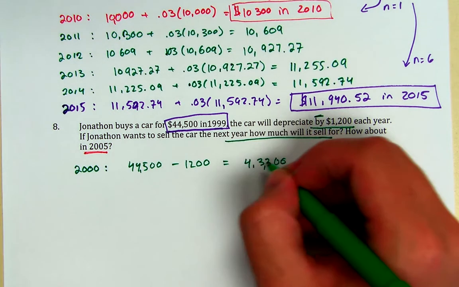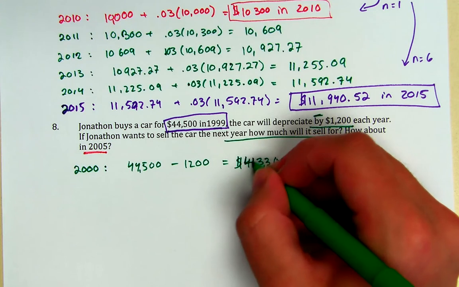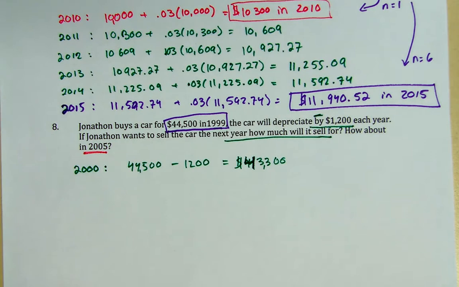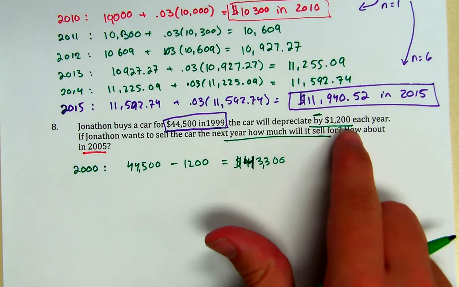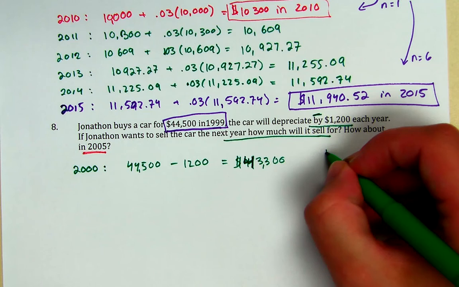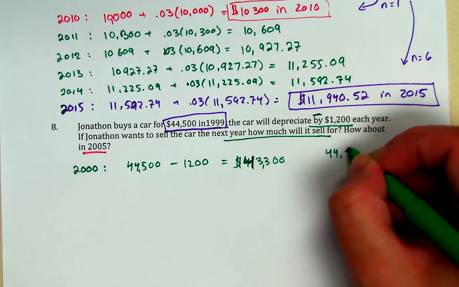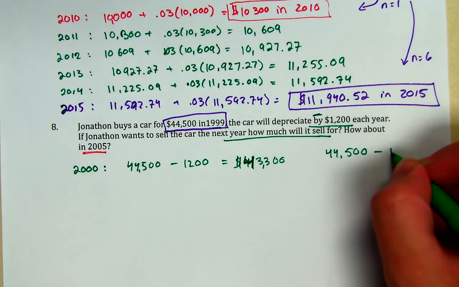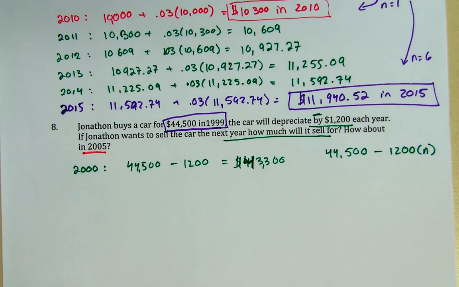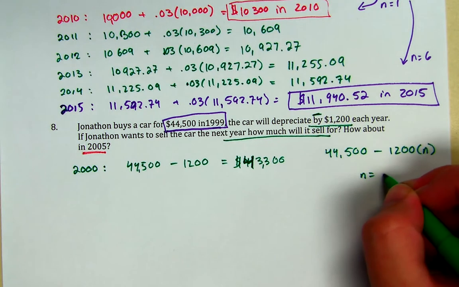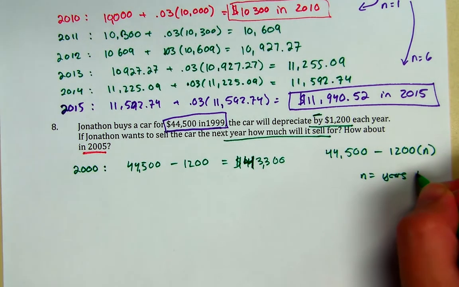My bad. So $44,300. Now, since this is a constant rate, we know we're just subtracting out that each year. You can take that initial and subtract out one per year, where n equals years later.